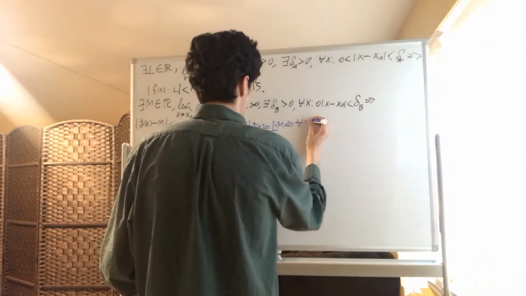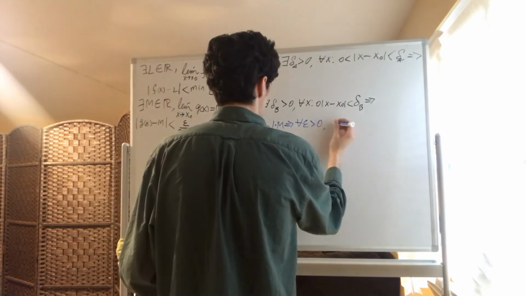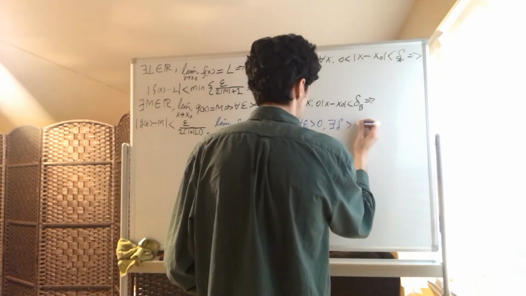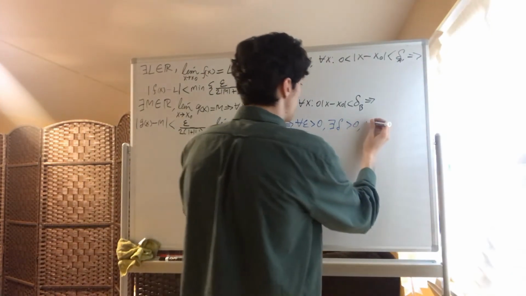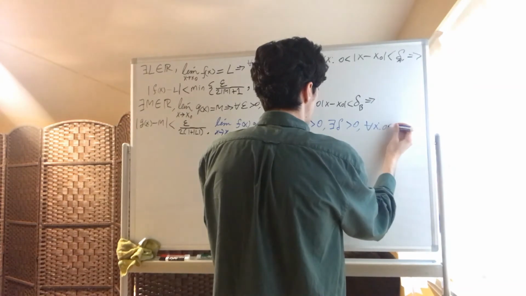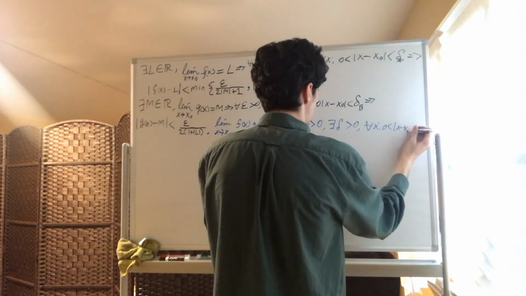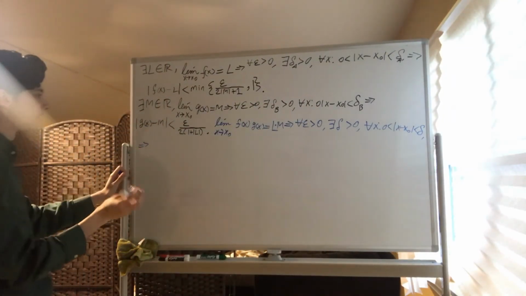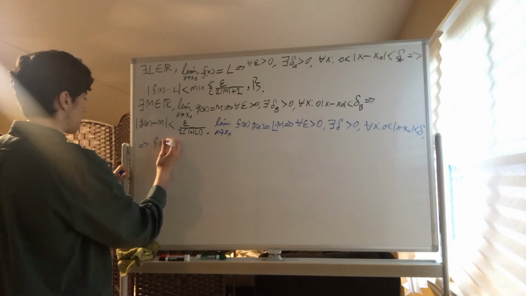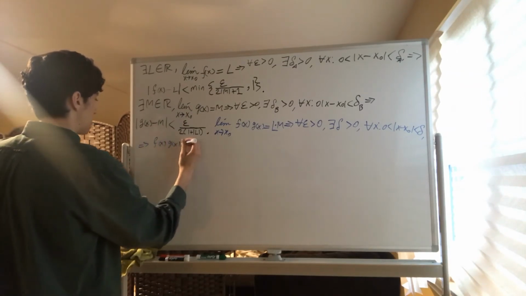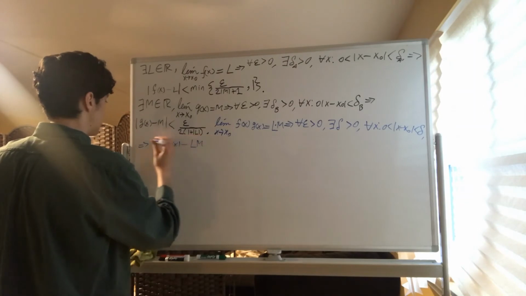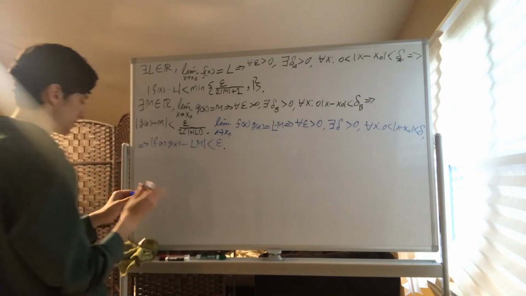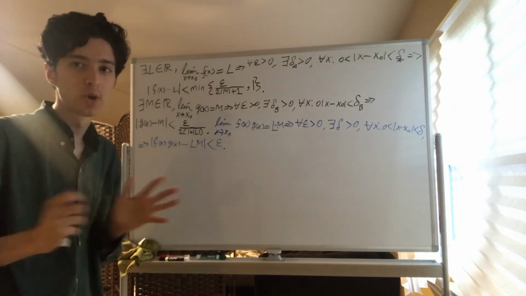And again, this implies that for all epsilon greater than 0, there exists a delta which we need to find that's greater than 0 because of the distance, such that whenever 0 is less than the distance between x and x naught, which is less than delta, that this implies that our function, in this case the product, minus the limit, which is the product of the previous limits, is less than epsilon. So we want to prove what I've written in blue.